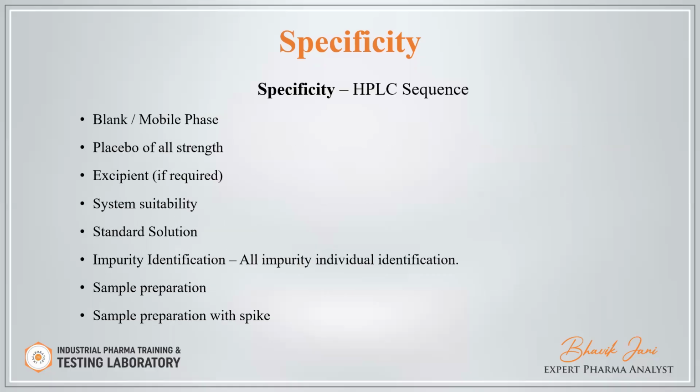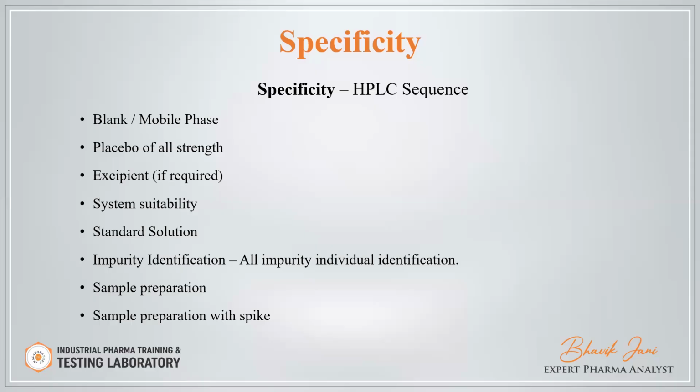So how to prepare the sequence in HPLC? First we have to inject the mobile phase or blank or diluent, then placebo of the older strength, then excipient if required, then system suitability injections available in the method, standard solution 5 or 6 as per our SOP, then identification of each impurity.